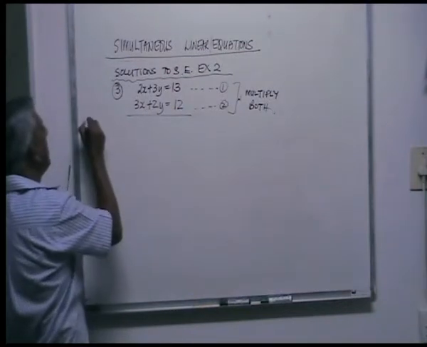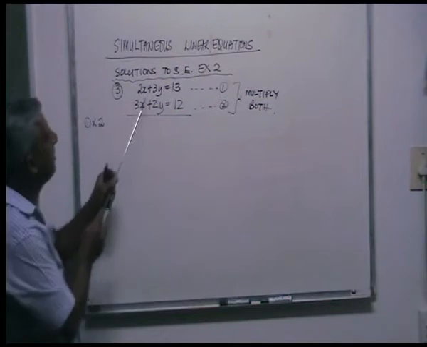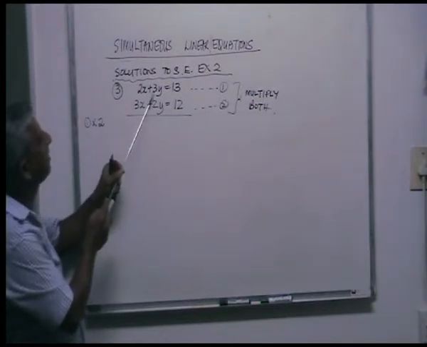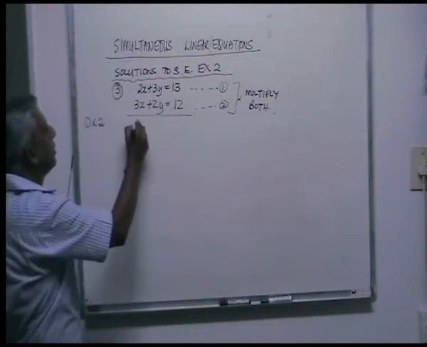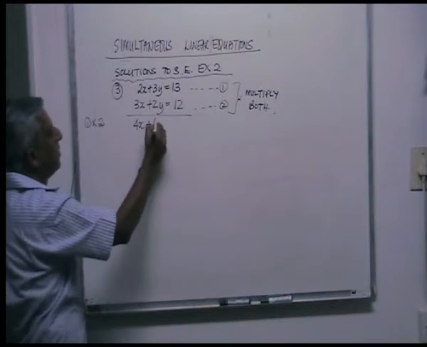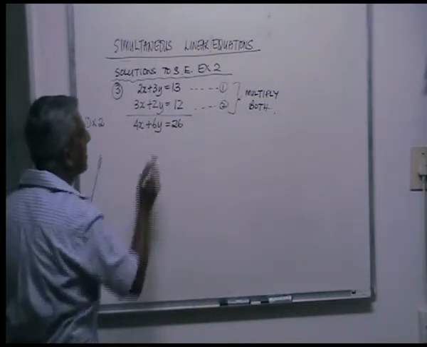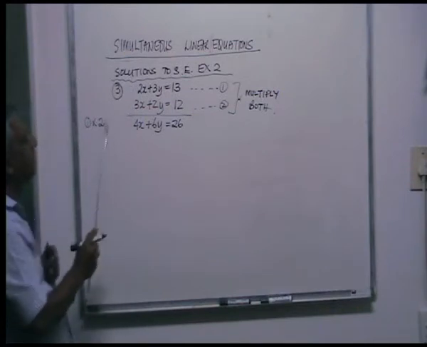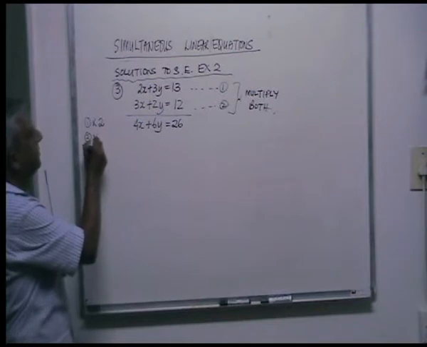So it means I must take number 1 and multiply it by 2. If I want to make that 6, I have to multiply it by 2. So 2 2's gives you 4x plus 2 3's give you 6y plus 2 times 13 gives you 26. Now I take number 2.